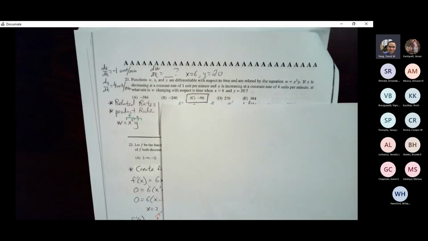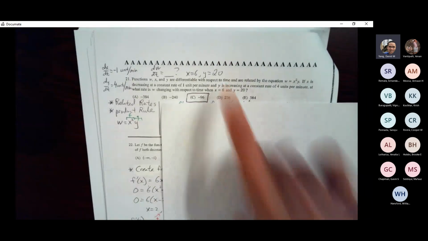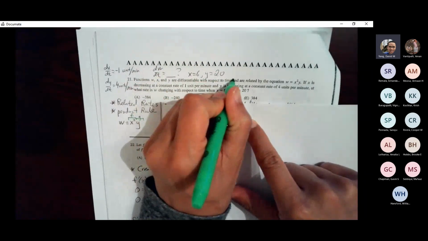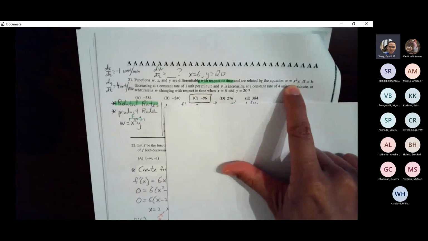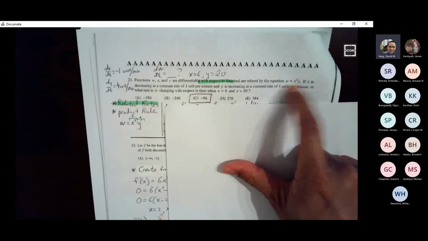All right, 21. Functions w, x, and y are differentiable with respect to time. So with respect to time, that kind of gives it away that we're dealing with related rates. And we have our equation, which is w equals x squared y. As a quick reminder of related rates, we find the derivative like we normally would.